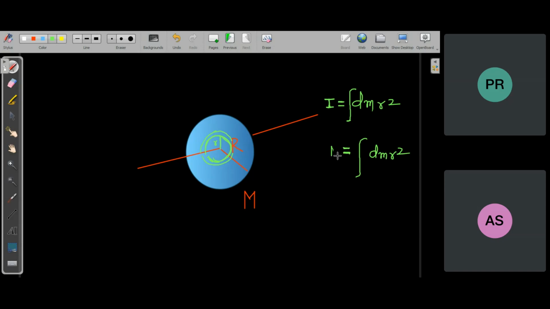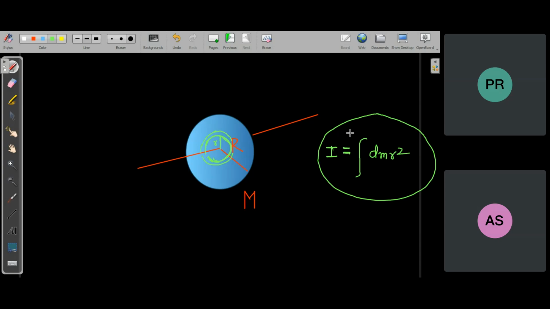Integrating from 0 to r, we can do it, sir. Yes, integration from 0 to r, and in place of dm you will write the mass of that ring. How will you find dm? The mass per unit length, we can take.